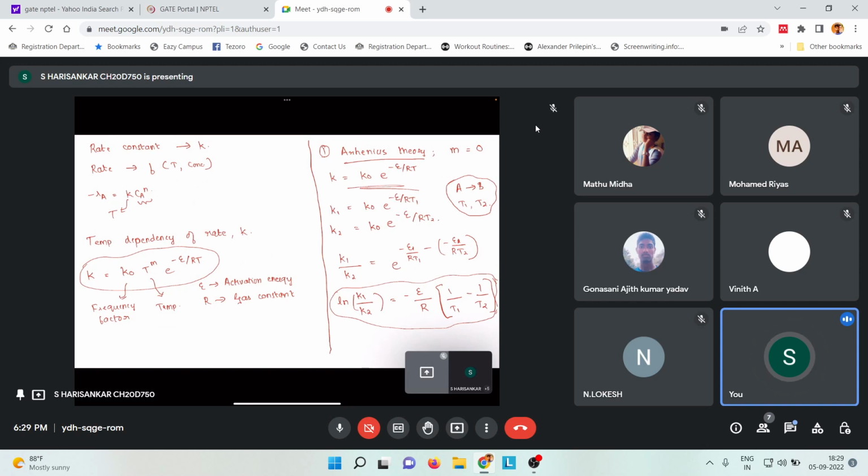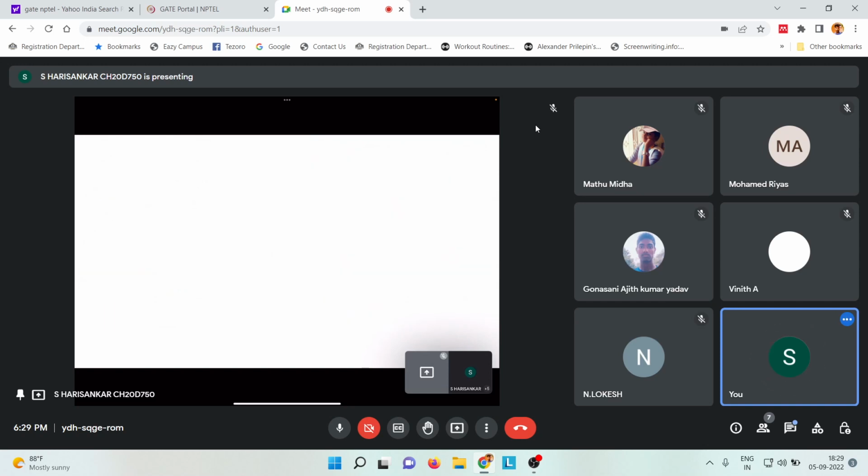Now the other two theories. One is called collision state theory, or collision theory, and the other is transition state theory. For collision theory, the theory says that m is equal to 1 by 2, and for transition state theory, it says that m is equal to 1.